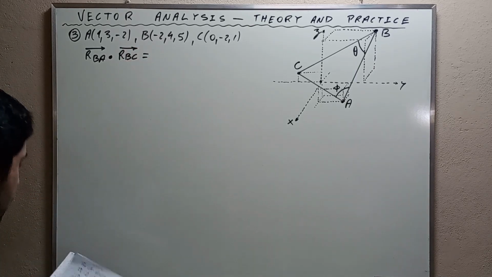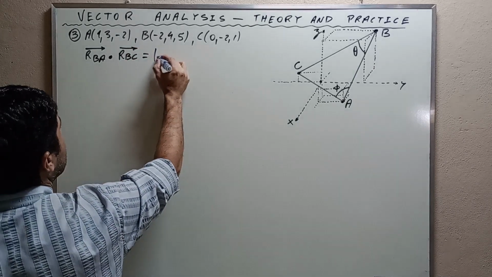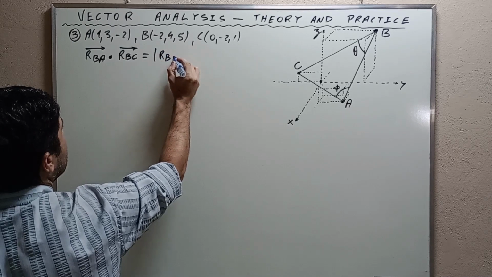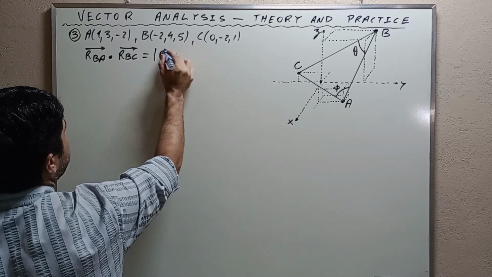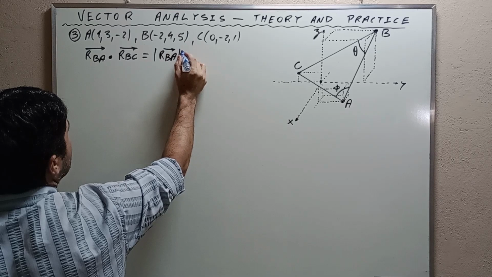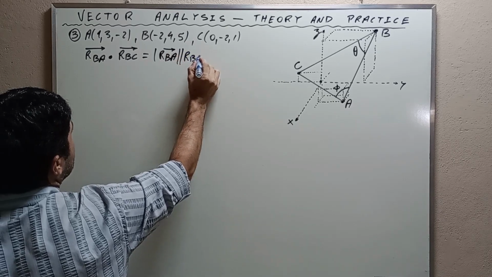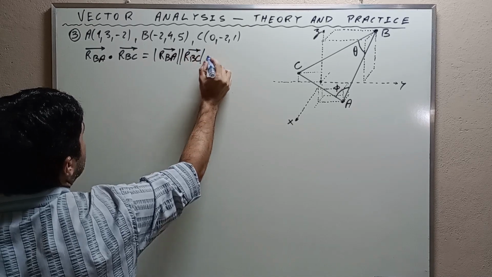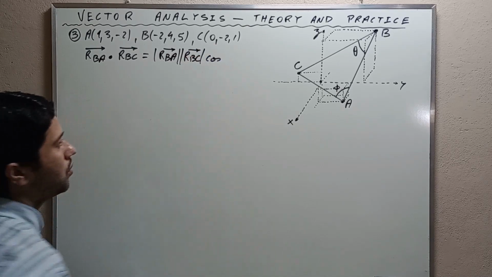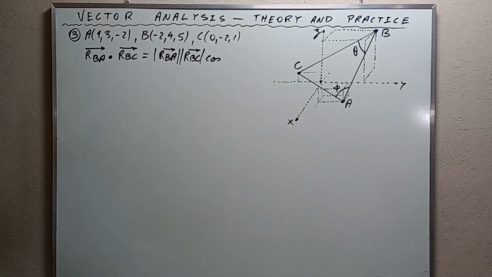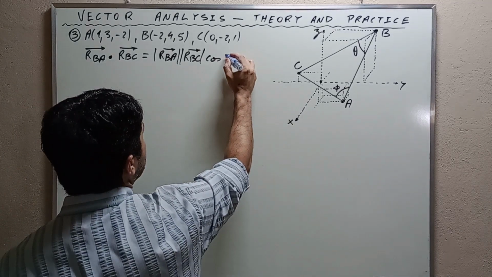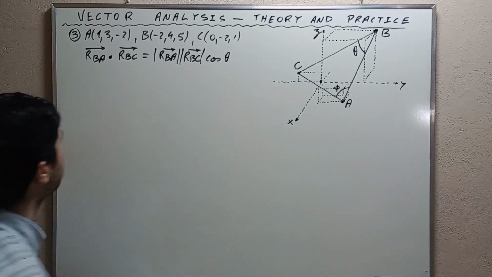is equal to the magnitude of R_BA times the magnitude of R_BC times the cosine of the angle between them. Okay? And this angle is theta.